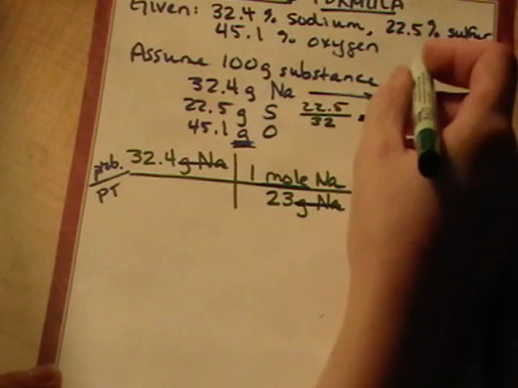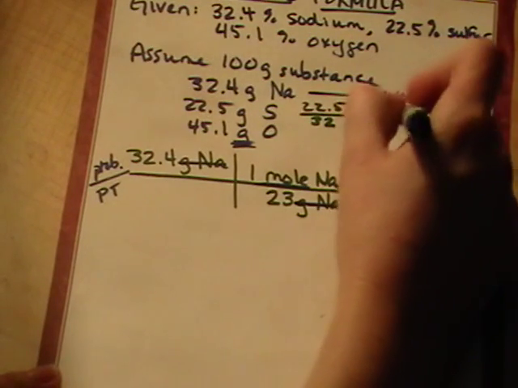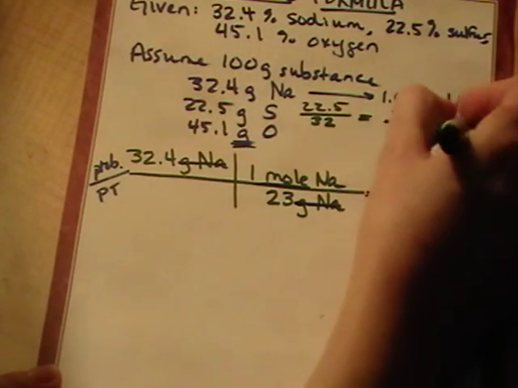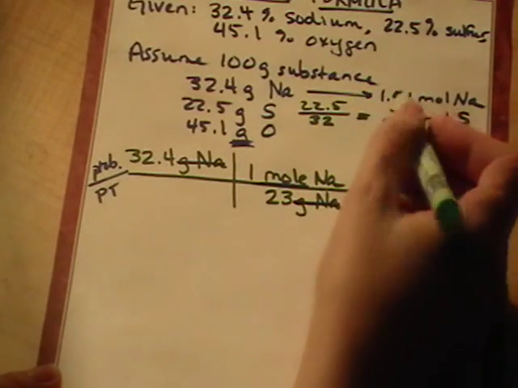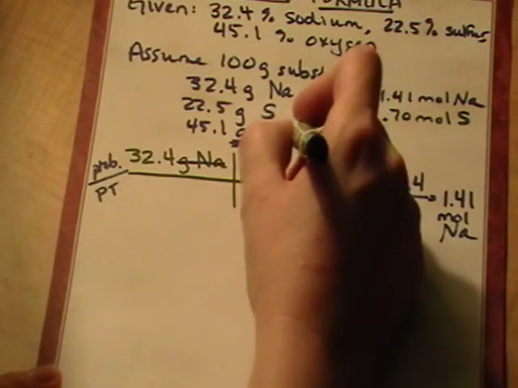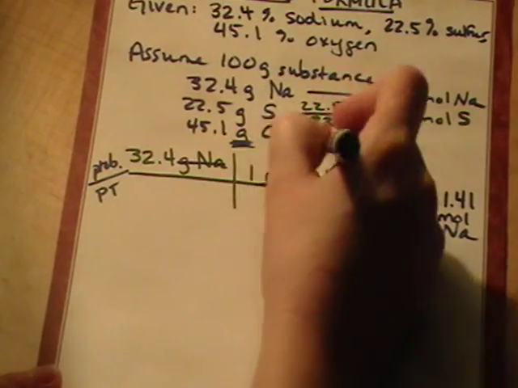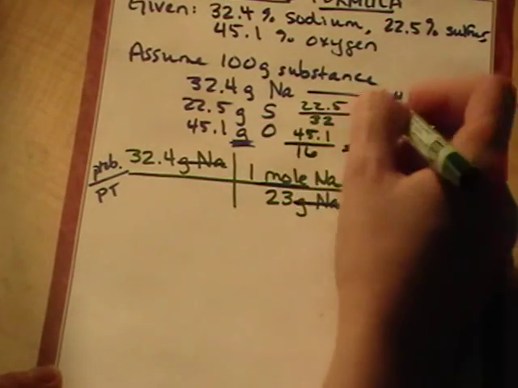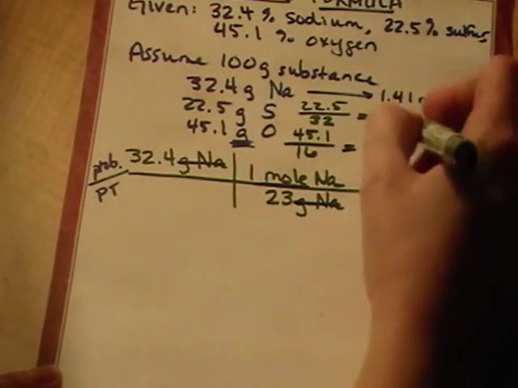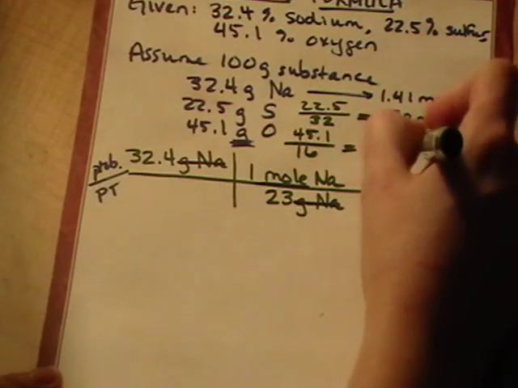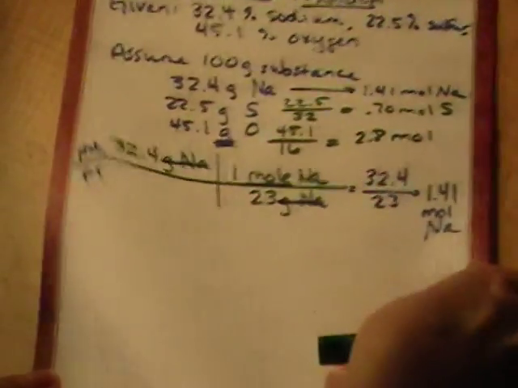And when I divide that out, I get 0.70. Notice I put moles of sulfur. And then oxygen, the amount given in the problem, divided by the amount on the periodic table, gives me 2.8 moles again. So I have the moles, so I can do something like CO2.